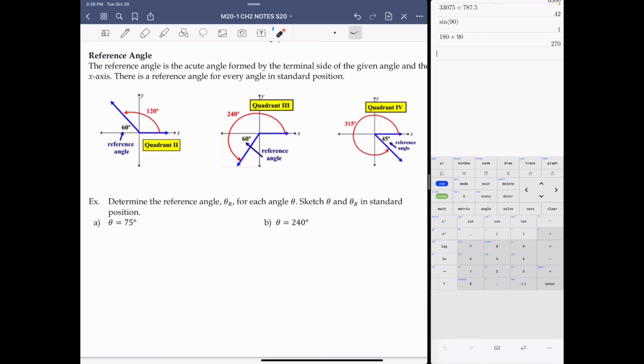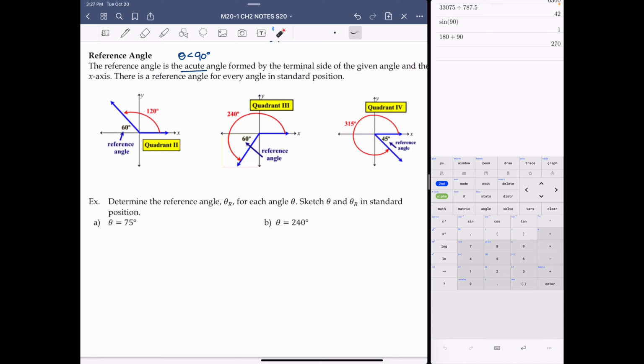And then it tells us that this measure here is 60 degrees, and that's called the reference angle. That's the acute angle. Remember, acute means theta is less than 90 degrees. So this is the acute angle formed between the terminal arm and the x-axis.